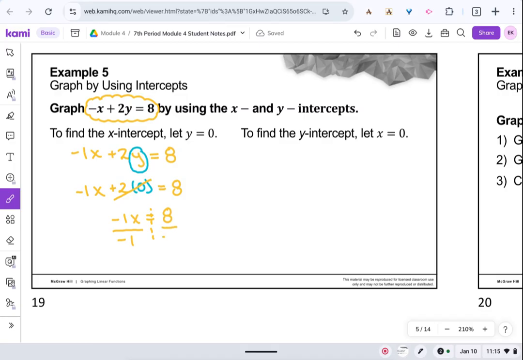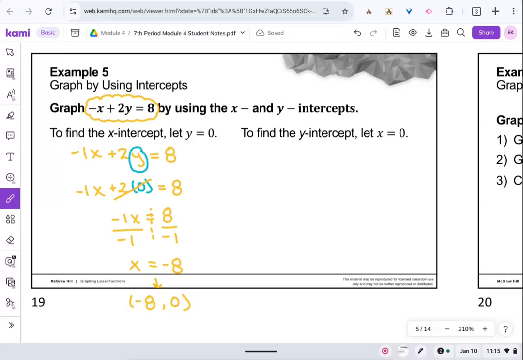So divide by -1 on both sides, and that gets me x equals -8. So my x-intercept is -8, or the point -8, 0, because we said y was going to be 0. That's one of the points we're going to be plotting.